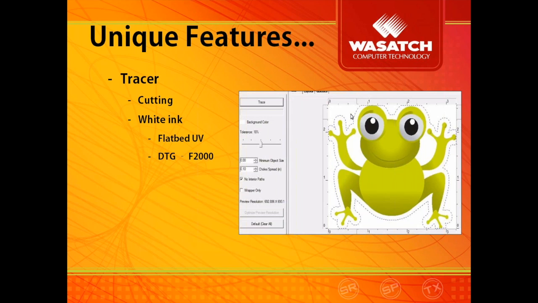So there's a variety of tools that we add. We can also handle a file that has transparency in it. Basically anywhere where there's a transparent background, we don't print anything. Okay, no white, we just let the substrate show through. Which, if we're going to print this onto a black T-shirt with the F2000, there wouldn't be any point in printing white and CMYK over the top of this.